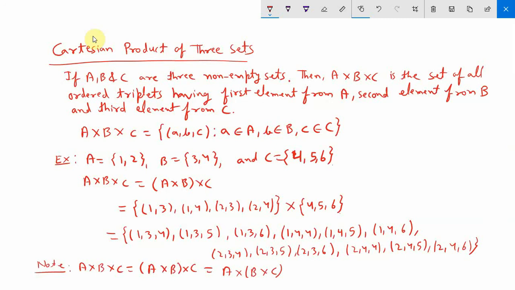So here we have three sets. If we have n sets, how we can do? So we will consider that. Let me frame this.